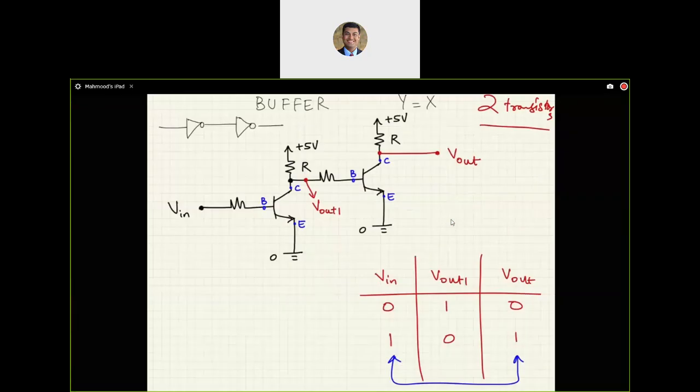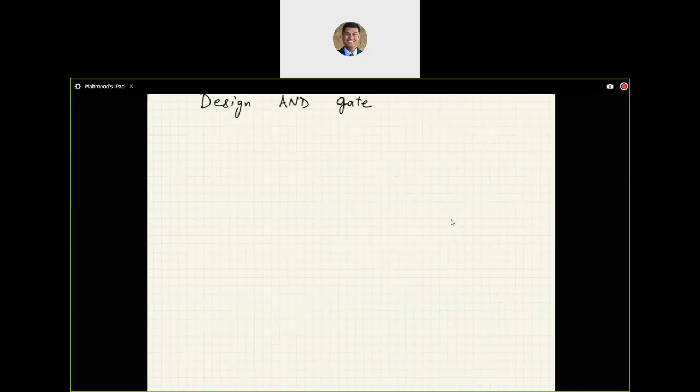Okay, let's move on here to an AND gate. How do we design an AND gate? So I hope you remember from our earlier discussion, we need switches to be in series.